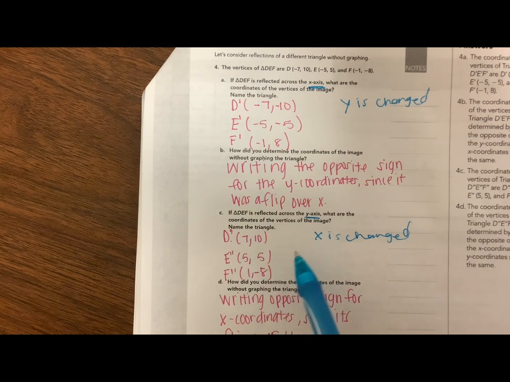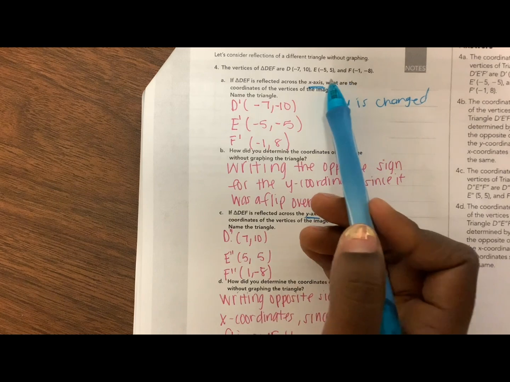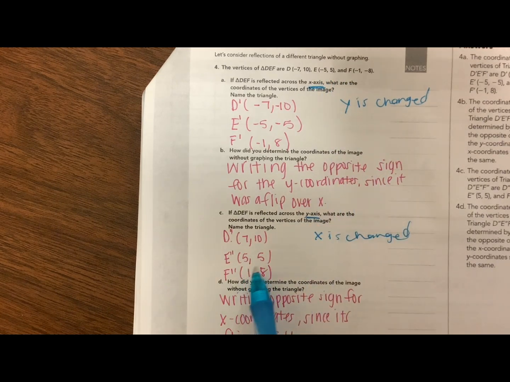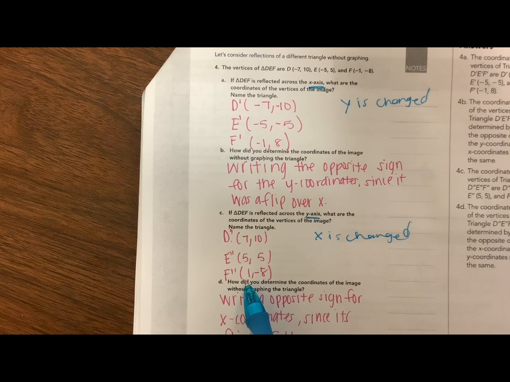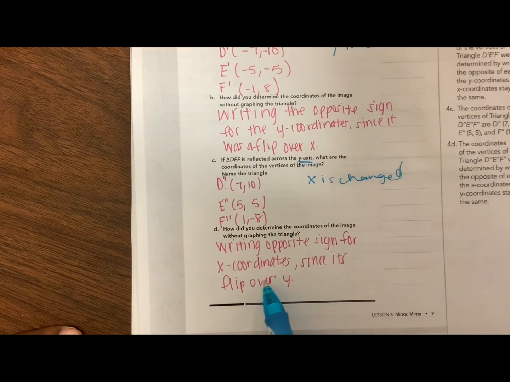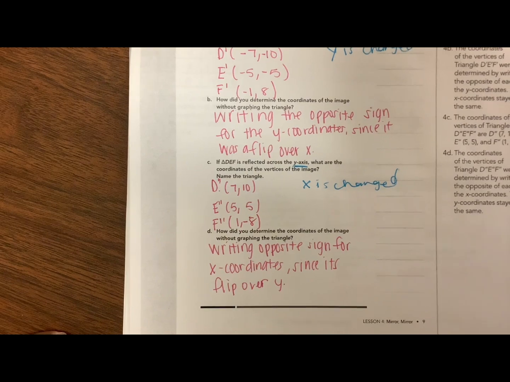Our 10 stays the same. E is at -5, 5. So our x should become a positive 5 and our y remains a regular 5. F is at -1, -8. The -1 should change to just 1, a positive 1, and negative 8 stays the same. And again, we wrote the opposite sign for the x-coordinates since it's a flip over y.